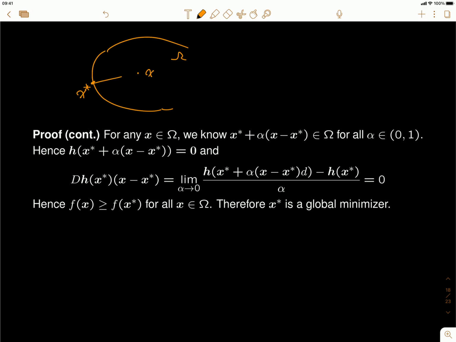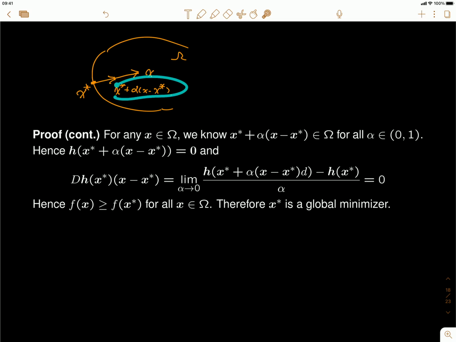I know that any point on this line will be in omega, and this point here is x star plus alpha times x minus x star. Because x minus x star is this vector, and alpha times that, with alpha between 0 and 1, is somewhere here. This is in omega, which means that h evaluated at all these points here gives 0.